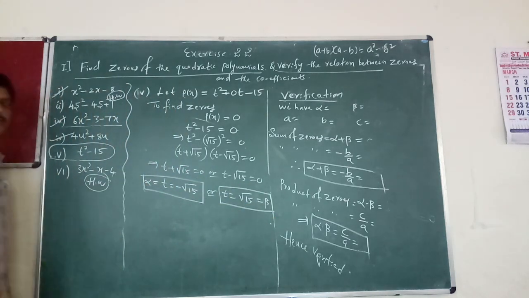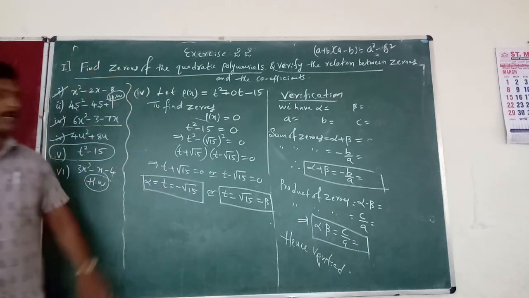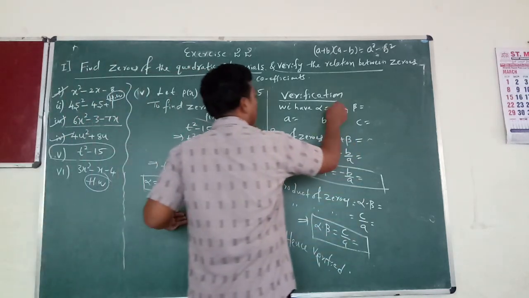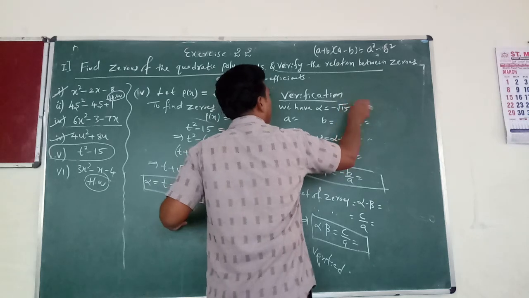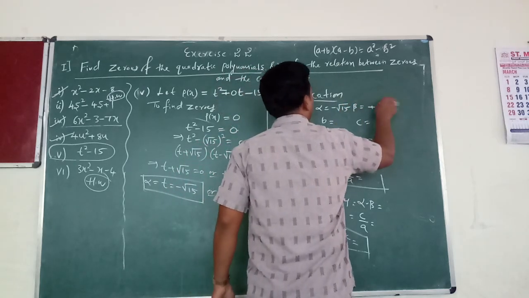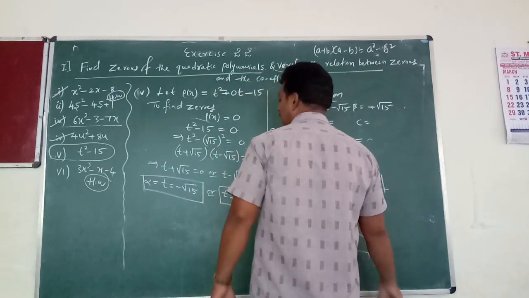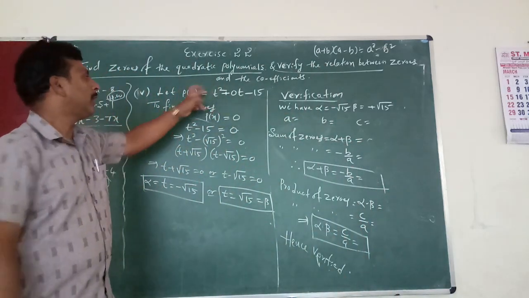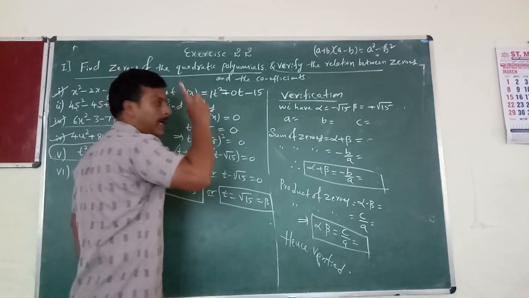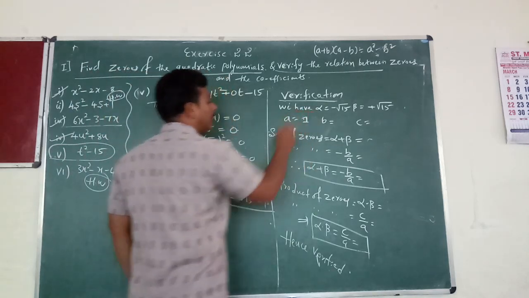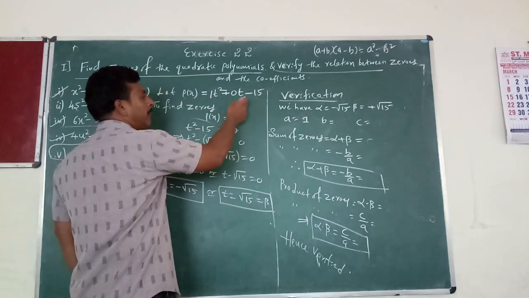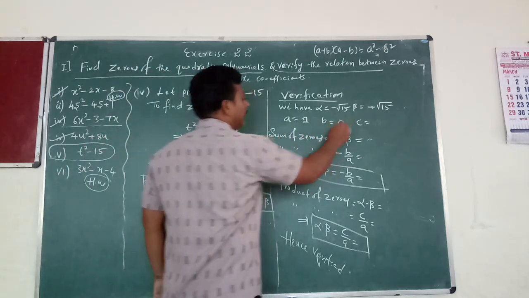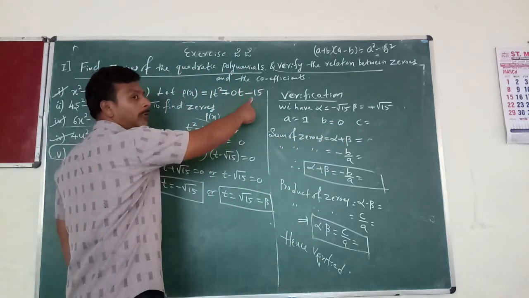We got two zeros. So verification step. Alpha is minus root 15, beta is plus root 15. Small a, b, c, find it by looking at this. Coefficient of t square is nothing, so it is 1. Therefore a is equal to 1. Coefficient of t is 0, and c is the constant.